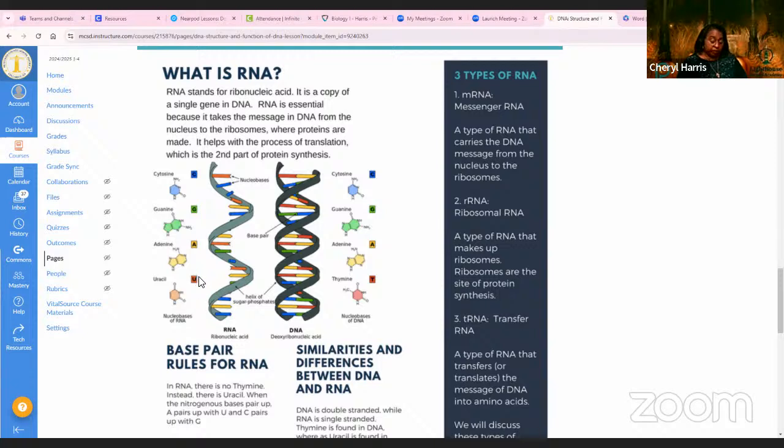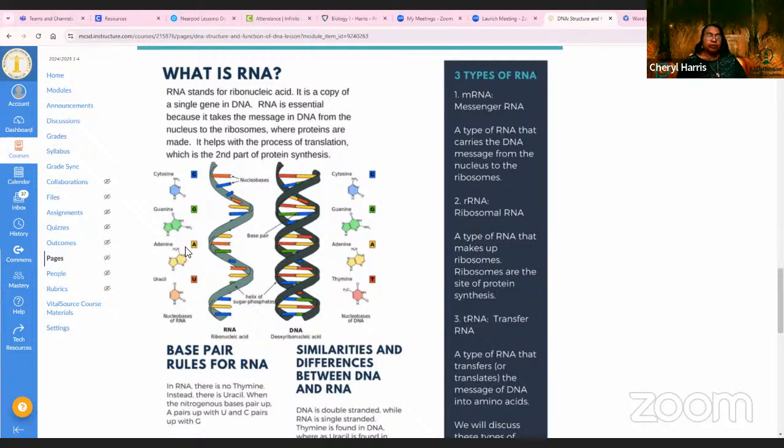Everywhere there was a T, this will bond with A. T and A bond together. So the uracil will bond with adenine because A and T bond together.